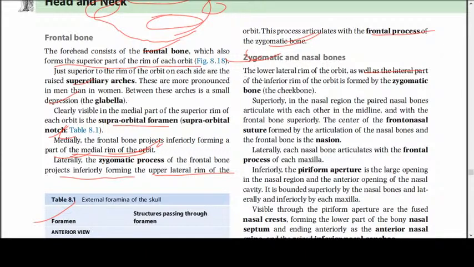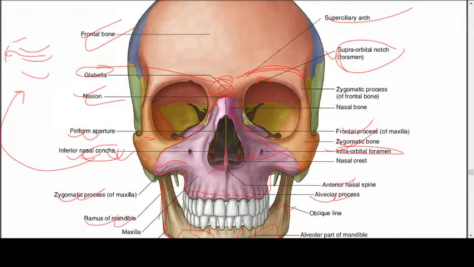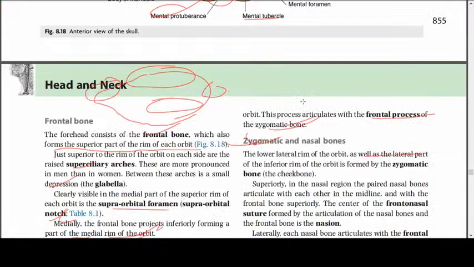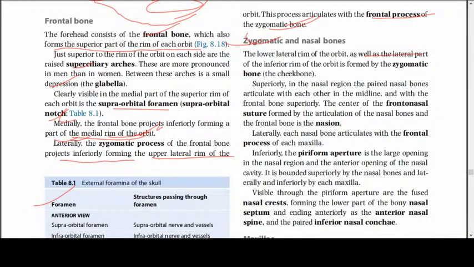Zygomatic and nasal bones. The lower lateral limb of the orbit, as well as the lateral part of the inferior limb of the orbit, is formed by the zygomatic bone.